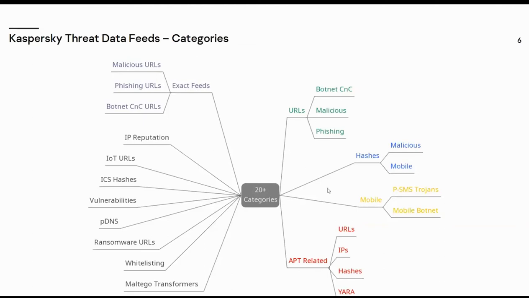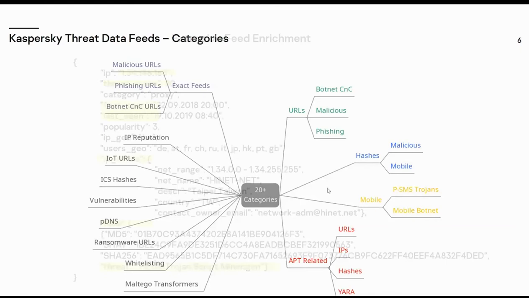But it doesn't stop there, because just having the intel itself isn't the end of the story. Obviously, the more detailed, the more actionable, the more machine readable and human readable the intel is, the more value it can bring to the IR, incident response, and the threat hunters in your organization.